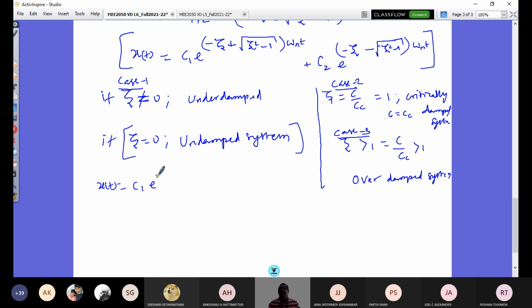So it's going to be i omega nt, plus C2 e raised to, again here, minus i omega nt. So this is nothing but what we discussed in the last class, the response solution. Again, we have made this into a compact form and so on. So this portion we have already dealt with.